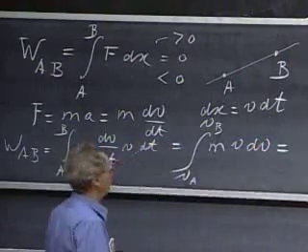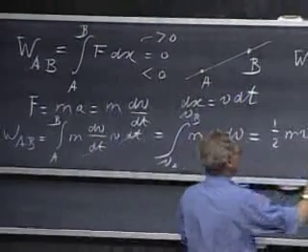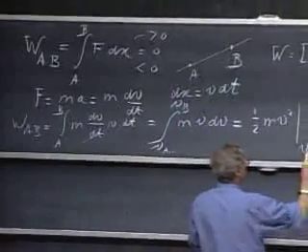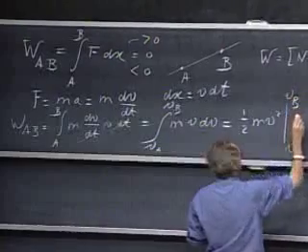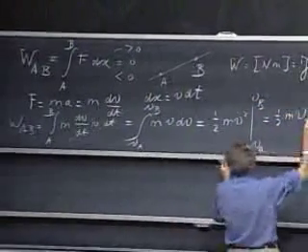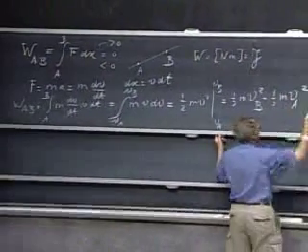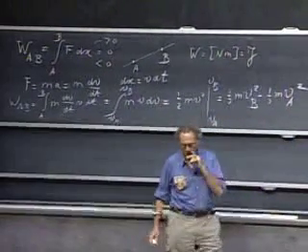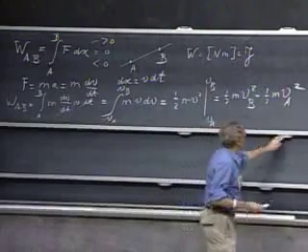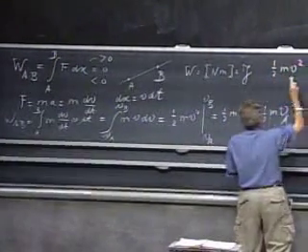That's a very easy integral. That is 1/2 m v squared, which I have to evaluate between VA and VB, and that is 1/2 m VB squared minus 1/2 m VA squared. 1/2 m v squared is what we call in physics kinetic energy.